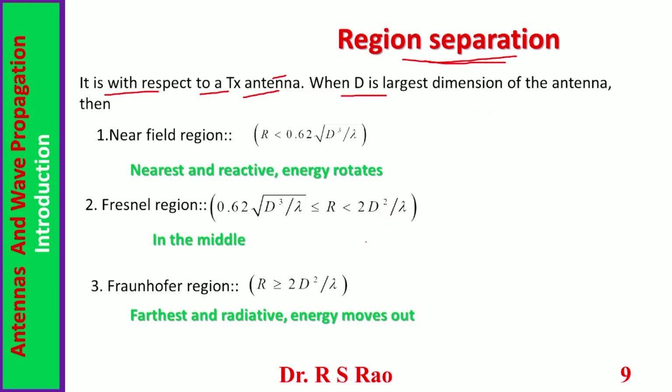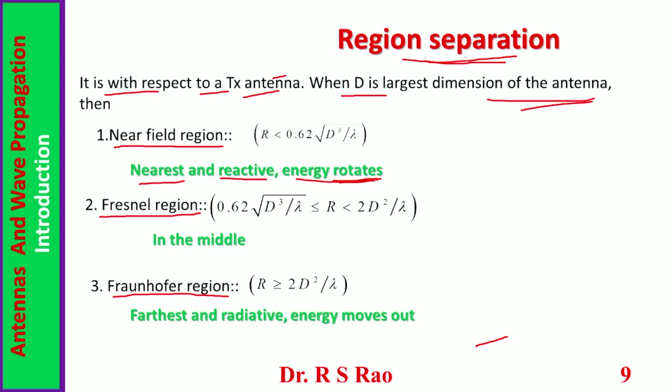When D is the largest dimension of the antenna, then there is something called the near field region, then the Fresnel region, then the Fraunhofer region. Near field region is nearest and it is reactive. Here energy rotation takes place.